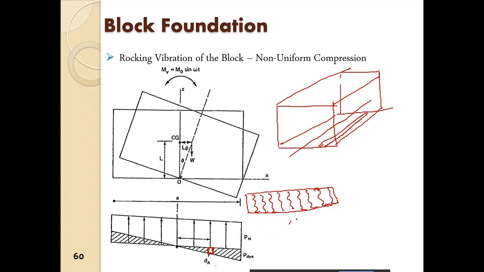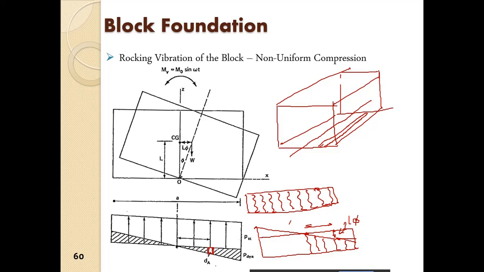As there is rotation, we have compression in the various springs. Initially the spring was like this, then there was compression here. So this is uncompressed, then the compression will vary with the distance from the center of rotation. So at this point, if this is L, the compression is L phi.